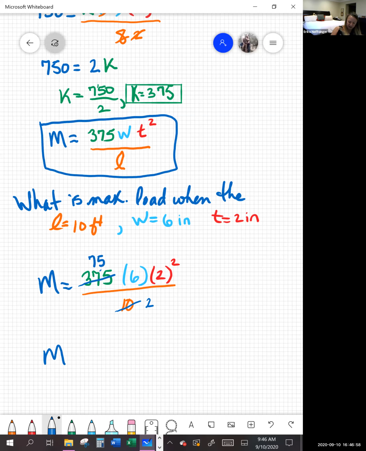The 2 down here in the denominator could cancel out with one of these 2s up here. So we're really just left with 75 times 2 times 6. How about let's do it this way. 2 times 75, because we can reverse order when we multiply, is 150. 150 times 6.